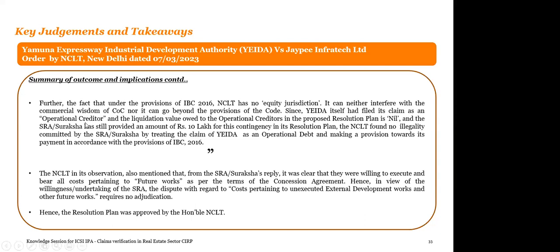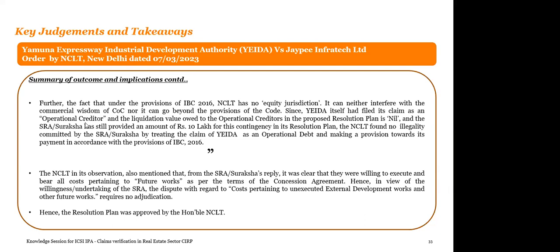That was also rejected, and it was said that the successful resolution applicant has mentioned in their resolution plan that they will complete the future works under the same concession agreement, under the same terms and conditions, and the dispute with regards to the costs pertaining to unexecuted external development works and other future works requires no adjudication.